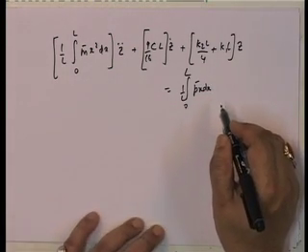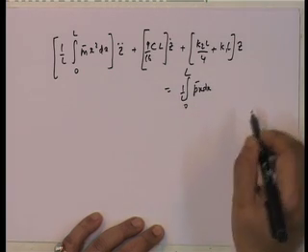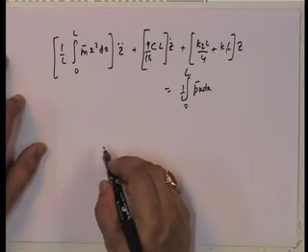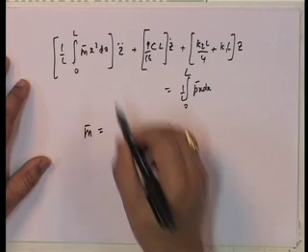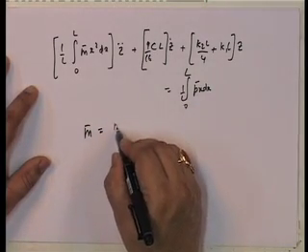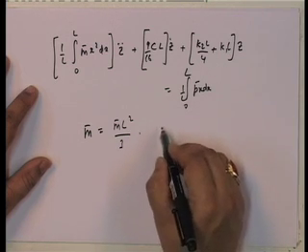Okay. So, what am I going to get? If I rewrite this, then I get m star is equal to m bar L cubed by 3. So, this becomes m bar L squared by 3.